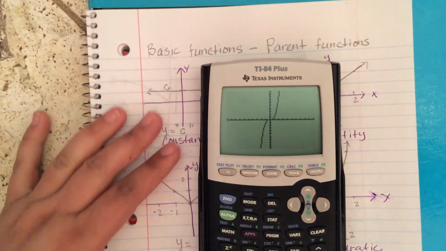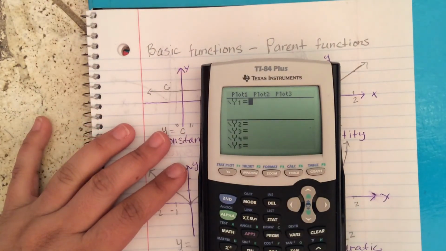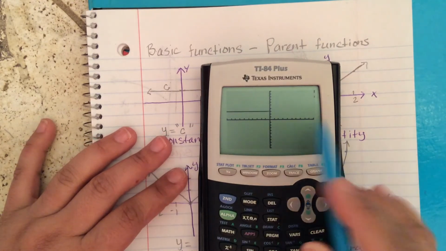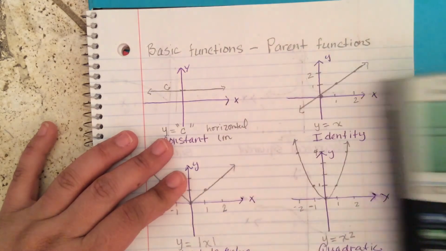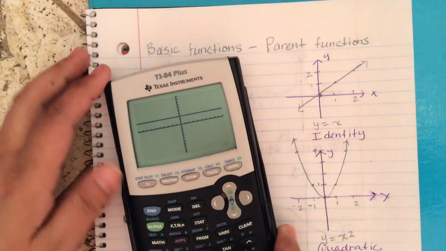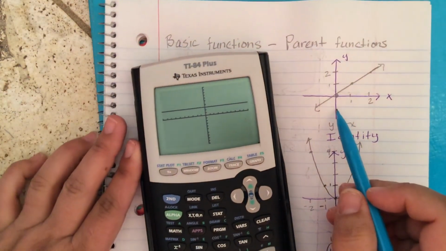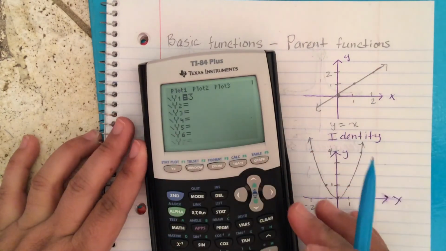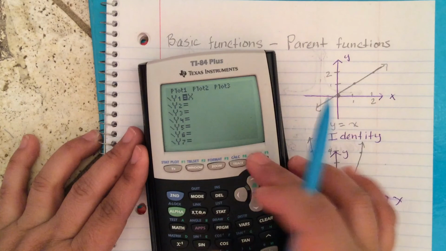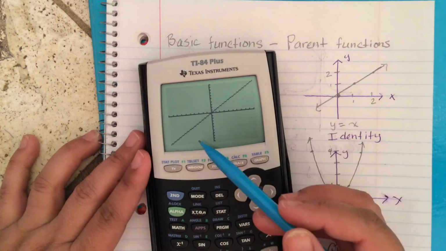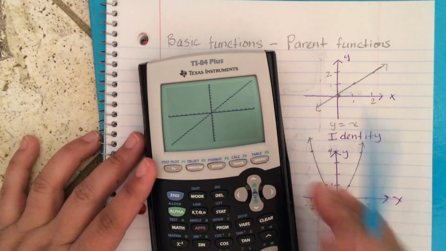So if I go right here, go to y equals, and I press 3, and you graph it, notice that it's just a horizontal line on 3. Okay, y equals x. So that's just your basic function. If I just put x, you graph it. It just goes like that.